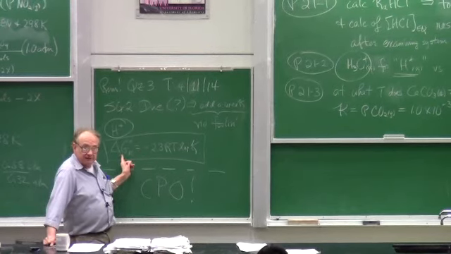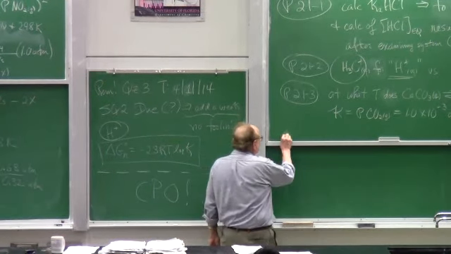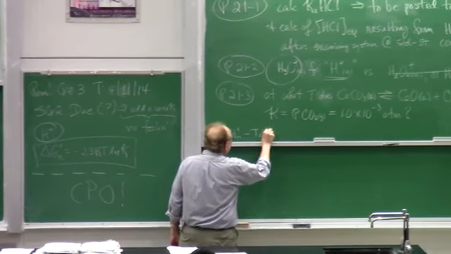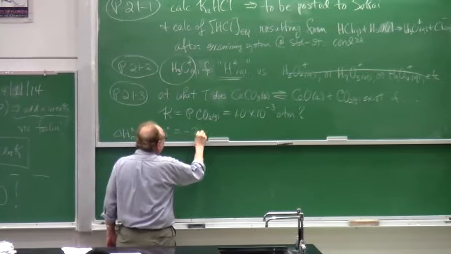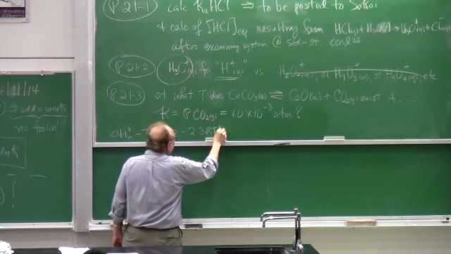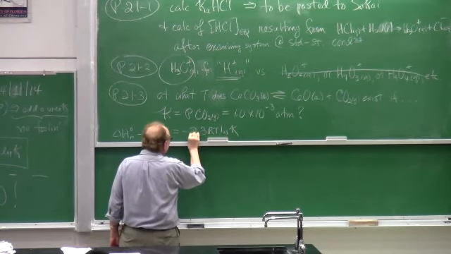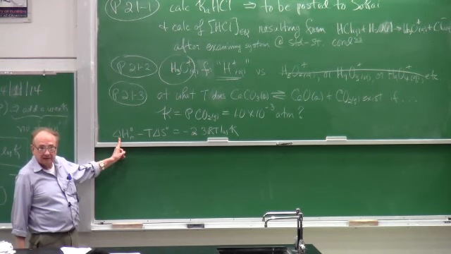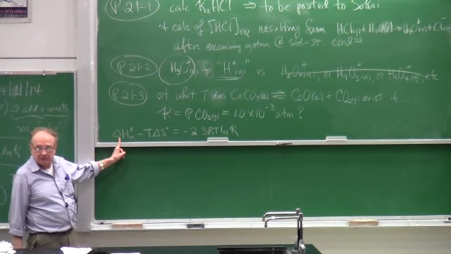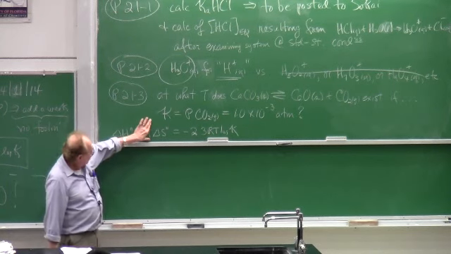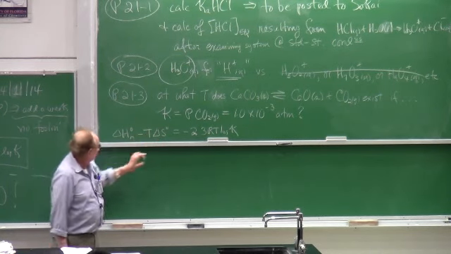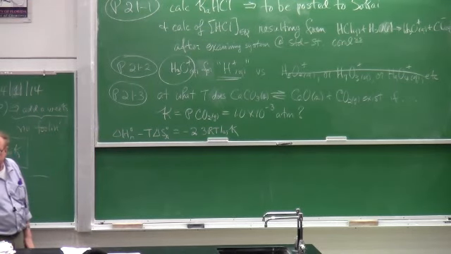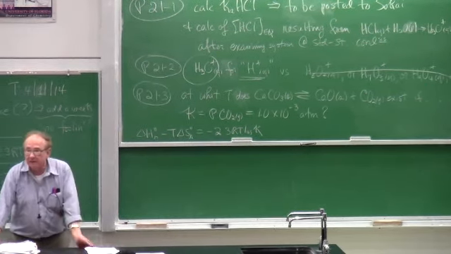Can I write this in its other form? I know this, don't I? I'm taking that as an isothermal property of the system. And I know this part, don't I? Because we're also taking that as an isothermal property of the system. How many unknowns have I got now?